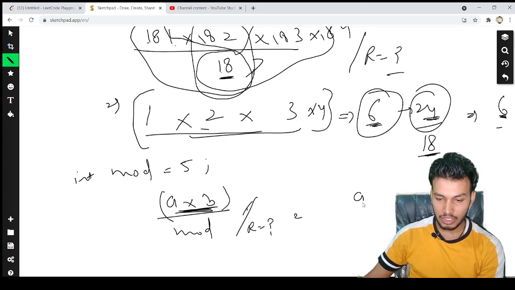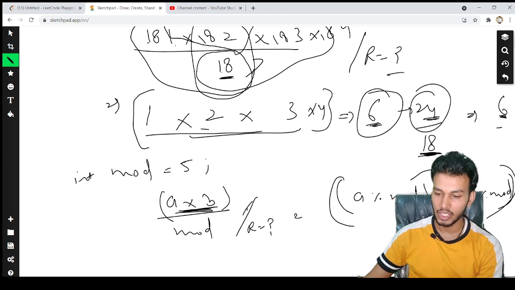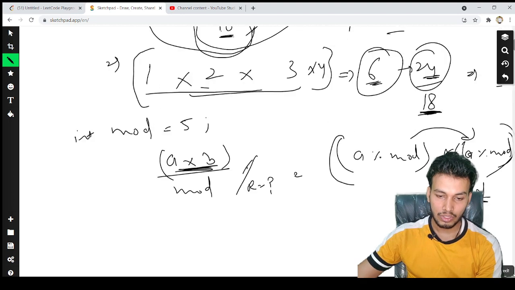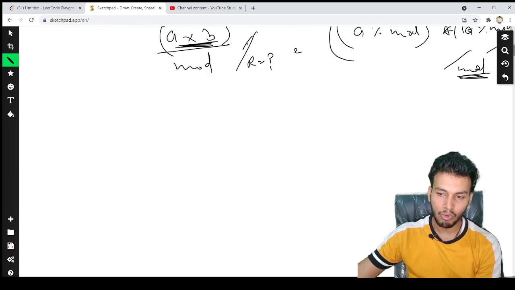What you can do is take a modulo mod separately, then take b modulo mod, then multiply them, and then take an overall mod as well, to make sure that if this multiplication goes greater than the mod value, you take one more extra mod here. That is how this mod thing works.